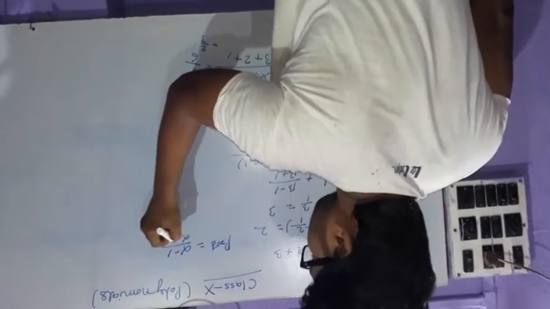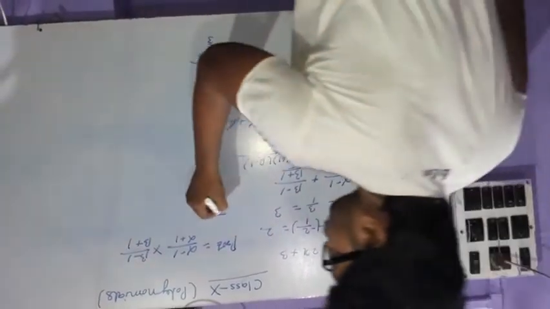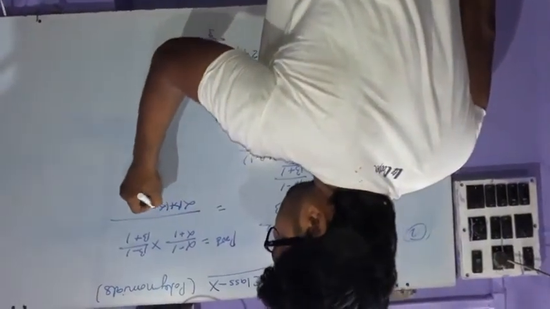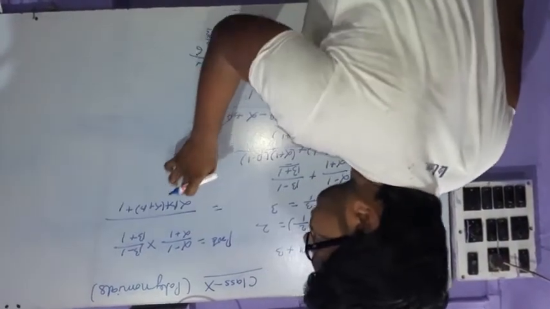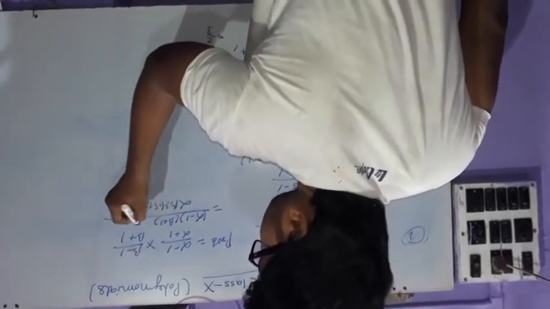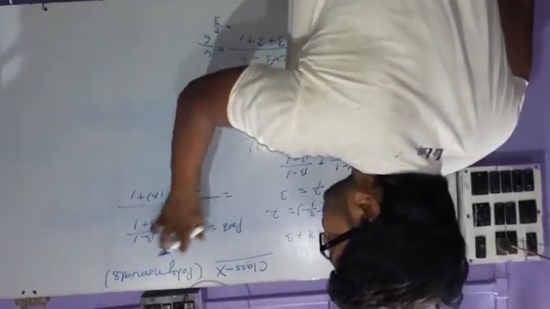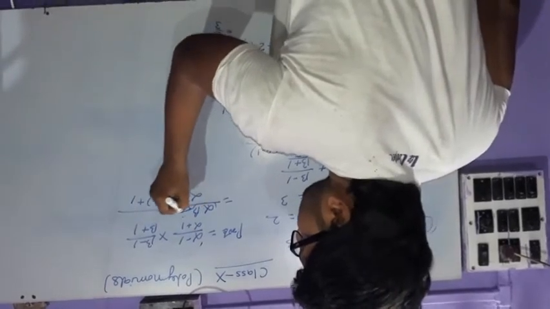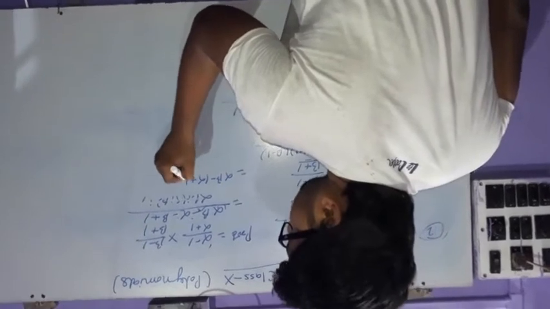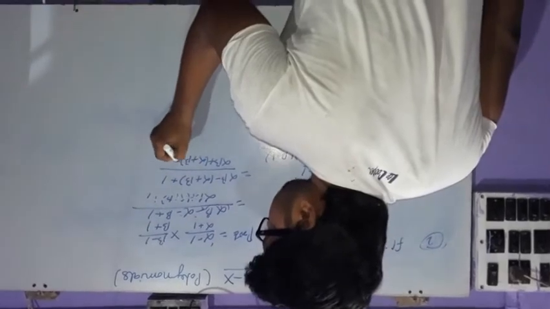Now the product will be alpha minus 1 upon alpha plus 1 into beta minus 1 upon beta plus 1. This will be the product, so you have to multiply these terms again. We have already done the denominator: alpha beta plus alpha plus beta plus 1. The numerator will be alpha minus 1 into beta minus 1, so alpha beta minus bracket alpha plus beta plus 1 upon alpha beta plus alpha plus beta plus 1.